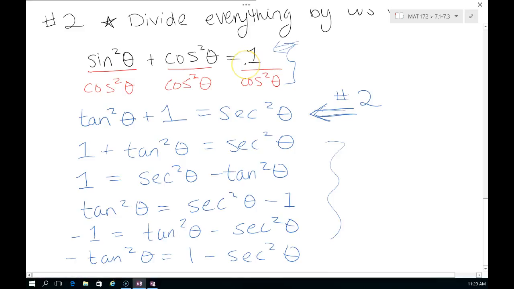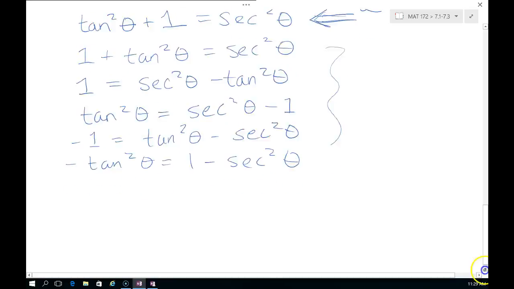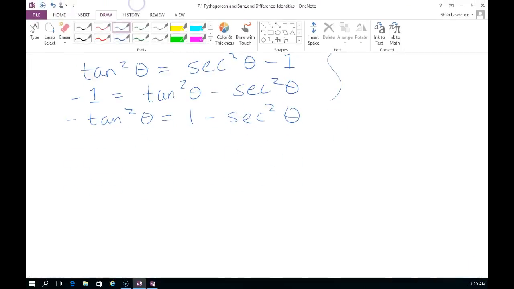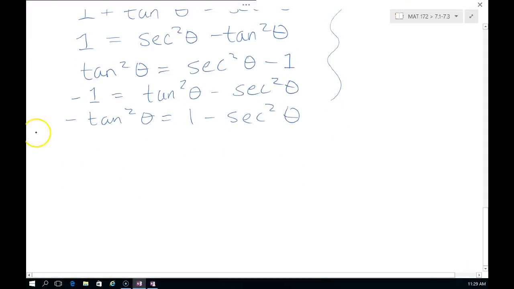So we're going to do pretty much the same thing to come up with the third one. So for Pythagorean identity number 3, we're going to divide everything by sine squared.